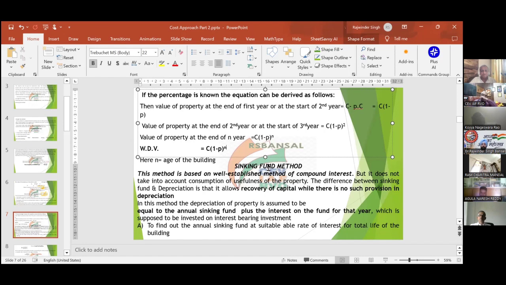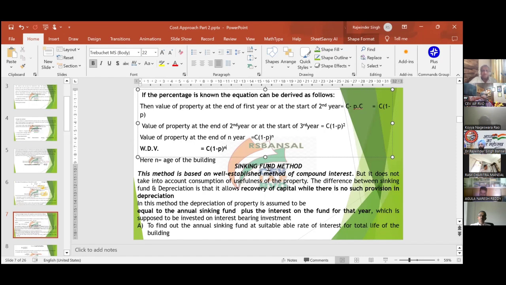Let us suppose from that machine, the person is getting 50,000 every year as an income. From that income, he will deposit a certain amount, say 20,000, in the bank every year, so that he is able to get an amount of 20 lakh at the end of its life. That is called salvage value.